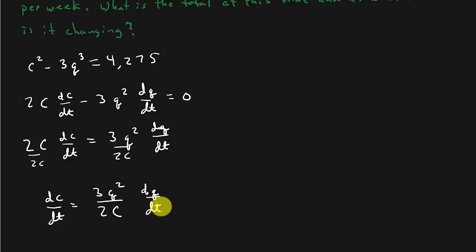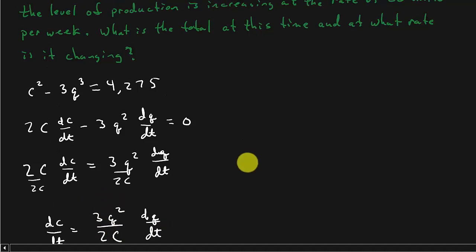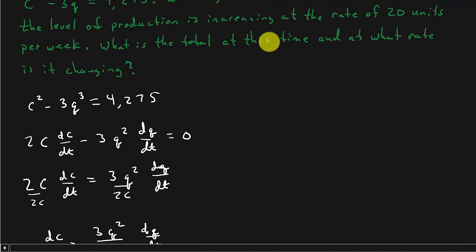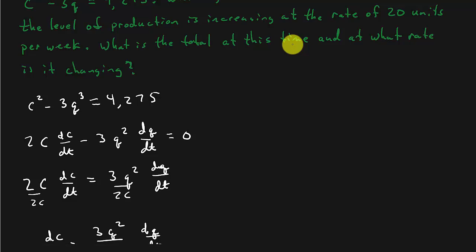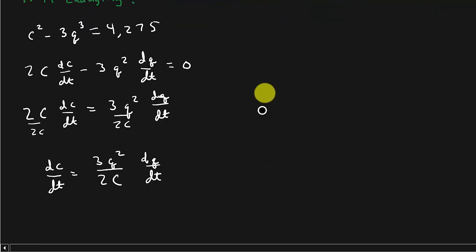All right, so let's see. I think based on the things we've got to find, we might answer both questions: what is the total at this time, so what's the total cost at this time? And then they want to know at what rate is it changing. So for the total cost, I need to know what C is.